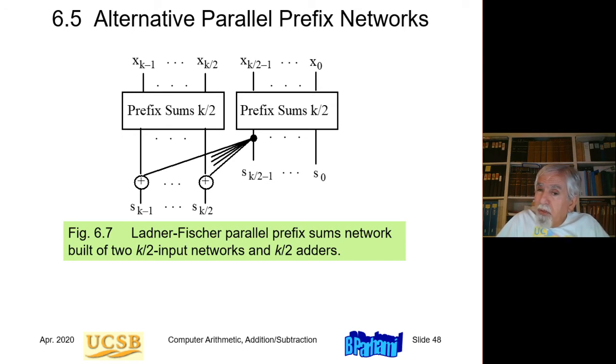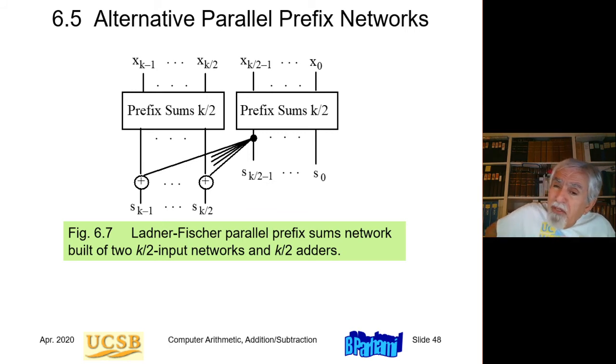And this gives you the correct prefix sums for the upper half. So the lower half is computed directly by that half-size circuit, and the upper half needs that half-size circuit plus a bunch of adders at the bottom to complete the process. So this is known as the Ladner-Fischer parallel prefix sums network.